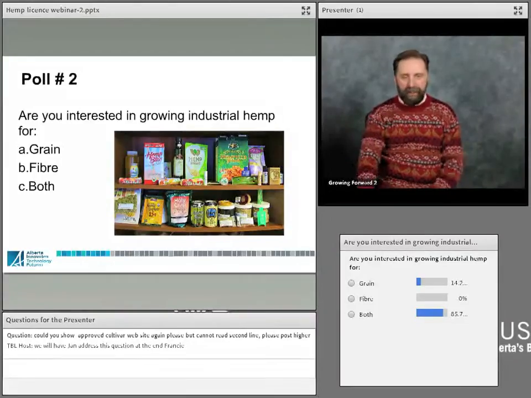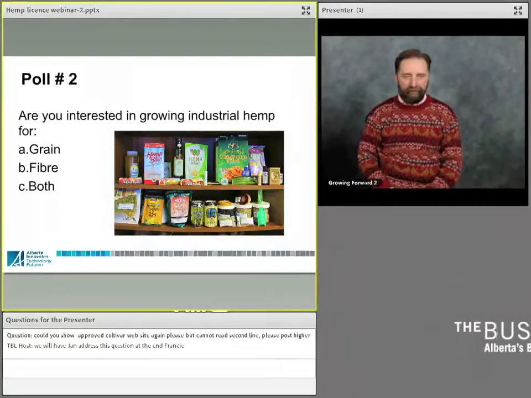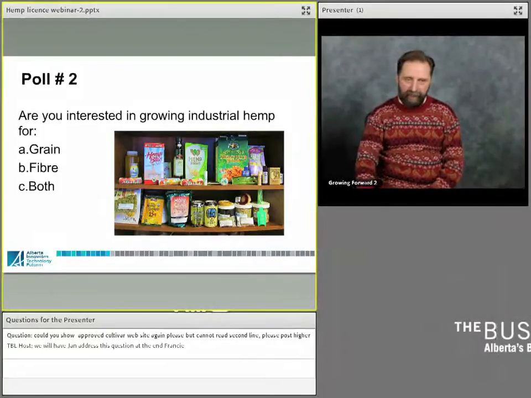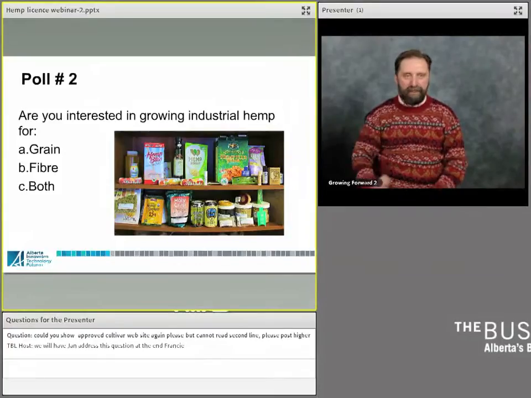As I said, hemp in Canada, on 67,000 acres, is predominantly grown for the grain. On this slide, I am showing a picture that I took in my office.